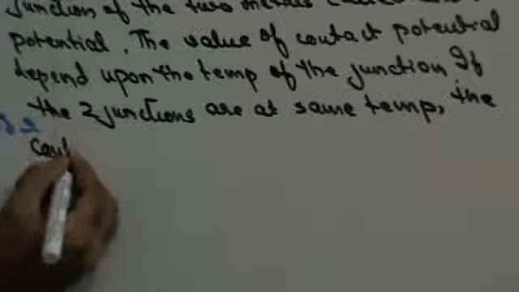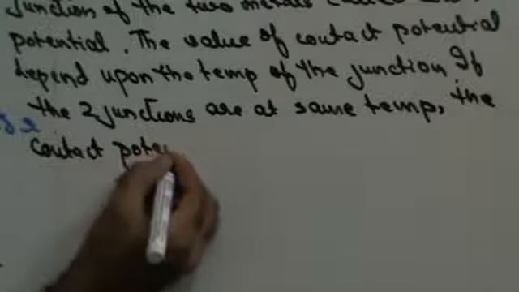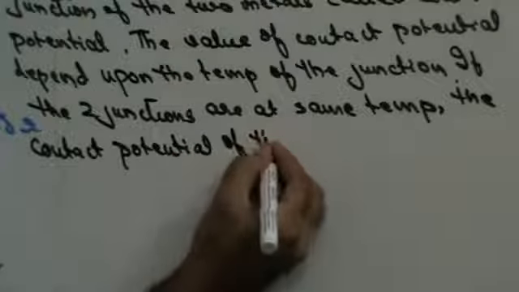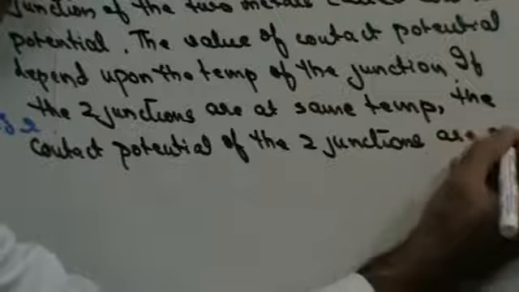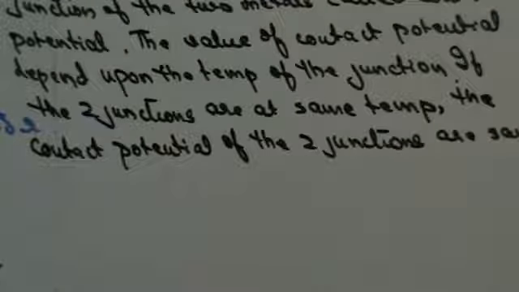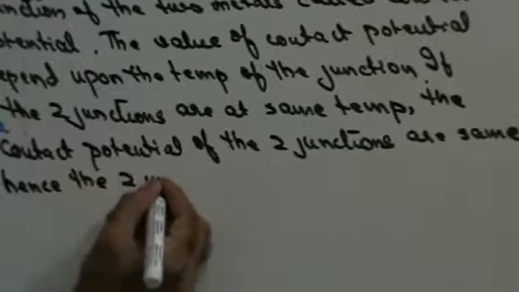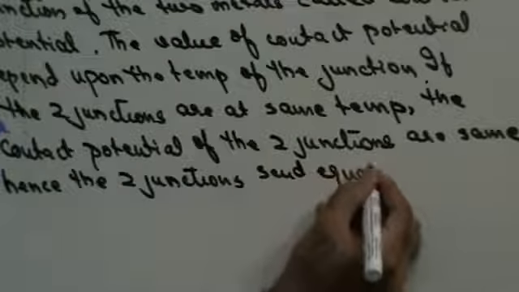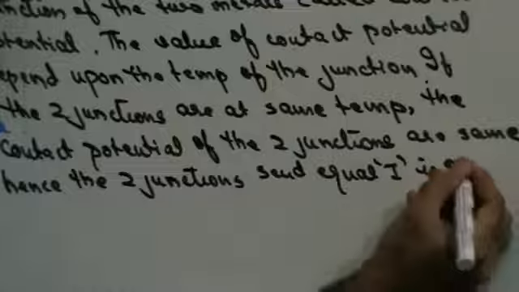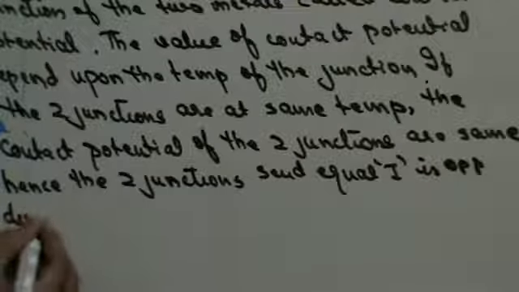So if the two junctions are at the same temperature, the contact potential of the two junctions is the same. As a result, the two junctions send equal currents in opposite directions.